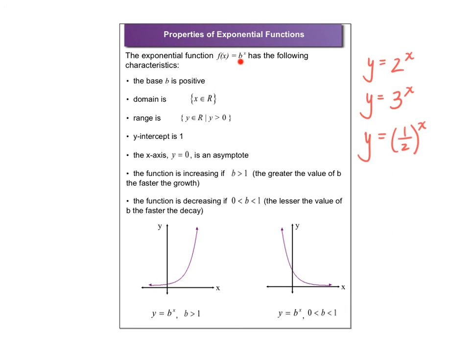If instead the value of the base b is a fraction between 0 and 1, like 1/2, like a quarter, like a third, like the value 0.9, any value that is between 0 and 1, we notice that our function will display exponential decay. So those are the basic properties of exponential functions.